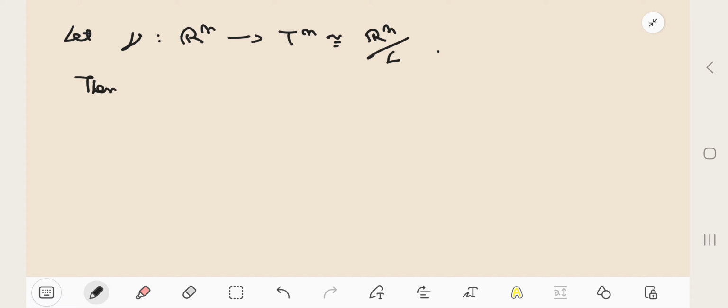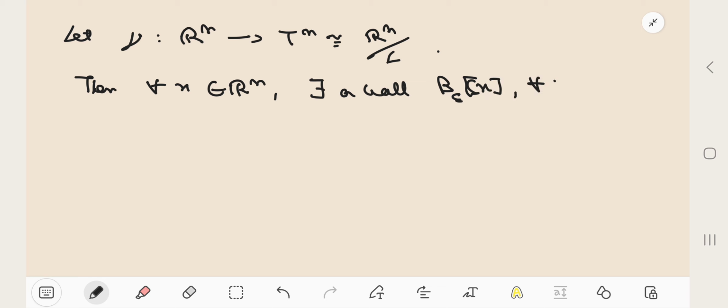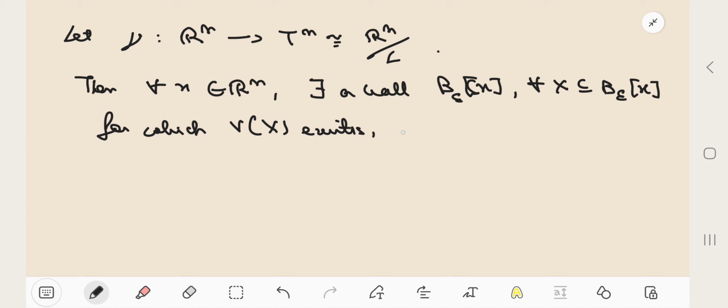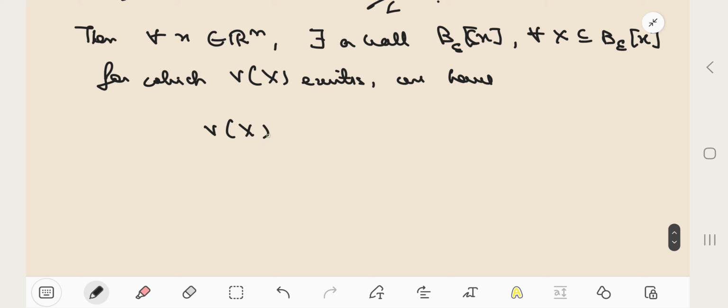Then observe that whenever I choose any element x from Rn, I can consider a closed ball of radius epsilon centered about x, such that for all sets inside this ball for which volume exists, we have the volume of the set to be the volume of its image under gamma.